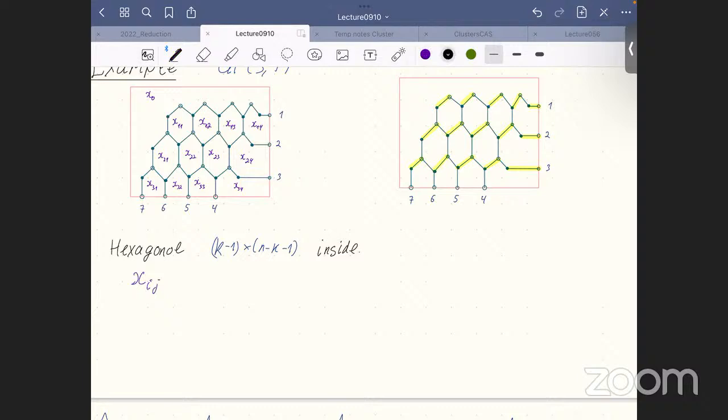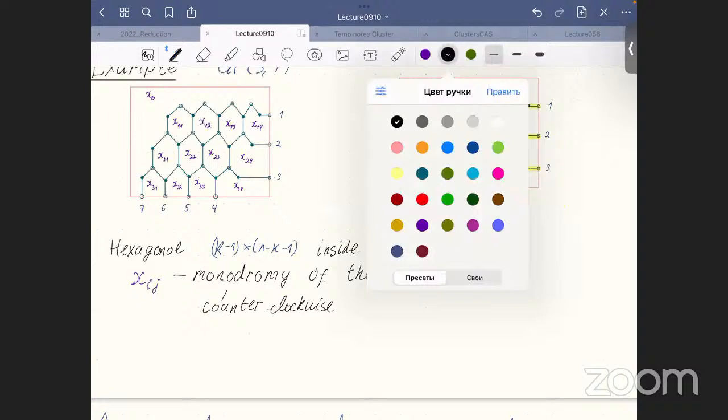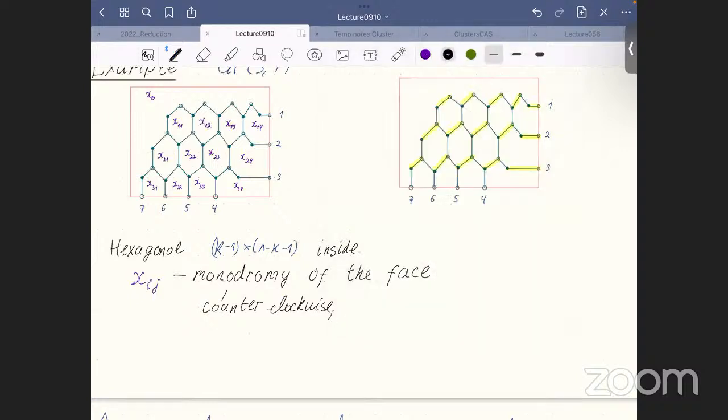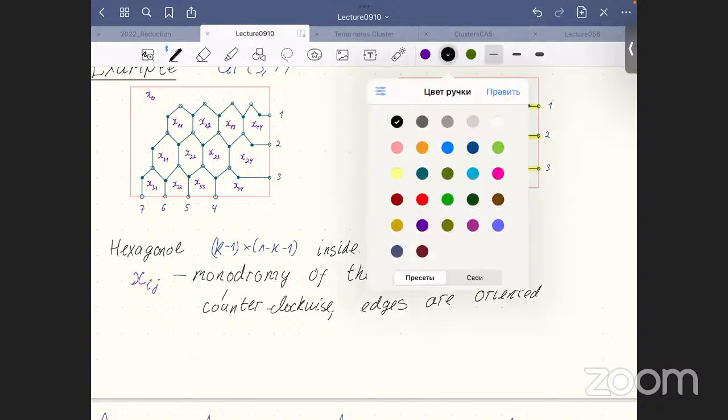X_ij is a monodromy of the face. Now I come from the edge variables to the face variables. So the monodromy is computed counterclockwise, and I assume that edges are oriented from black to white.